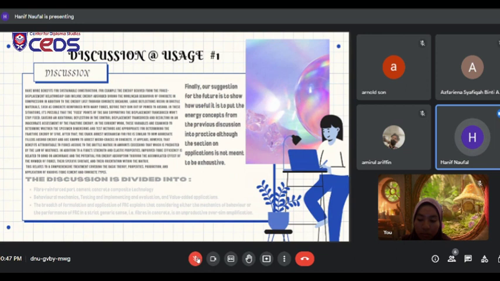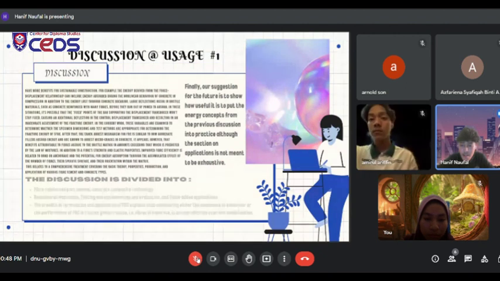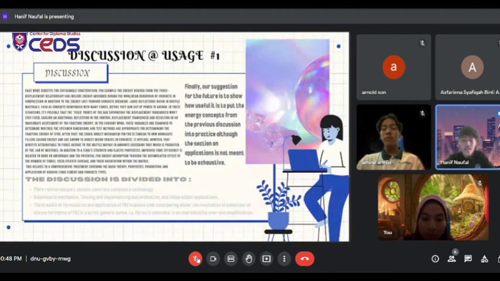The discussion is divided into fiber reinforced cement concrete composite technology, mechanical testing and implementing, and evaluation and value added application.